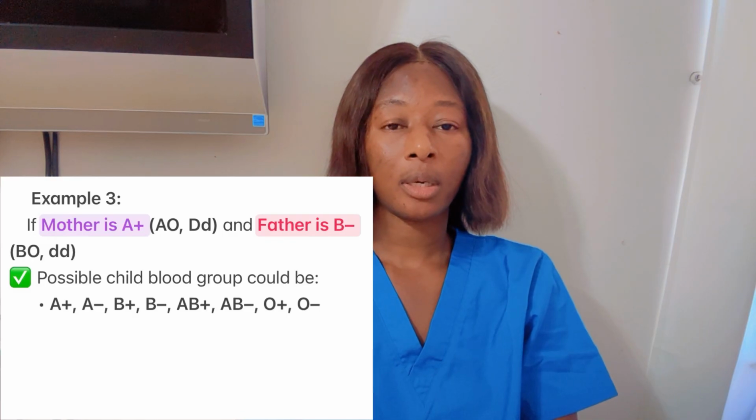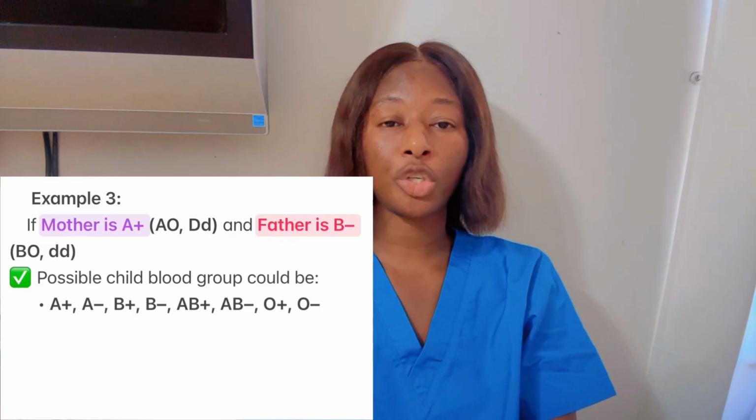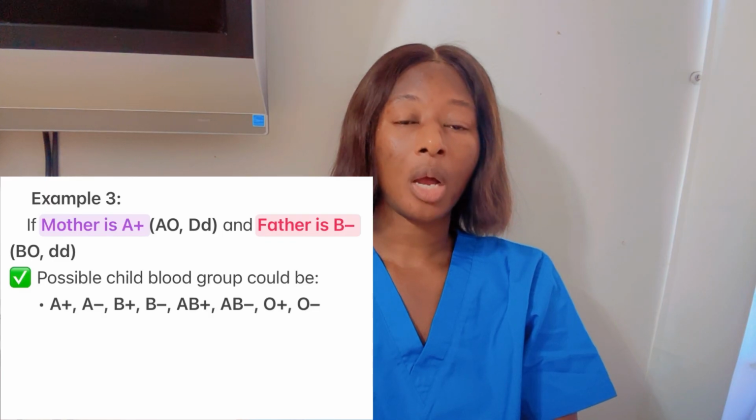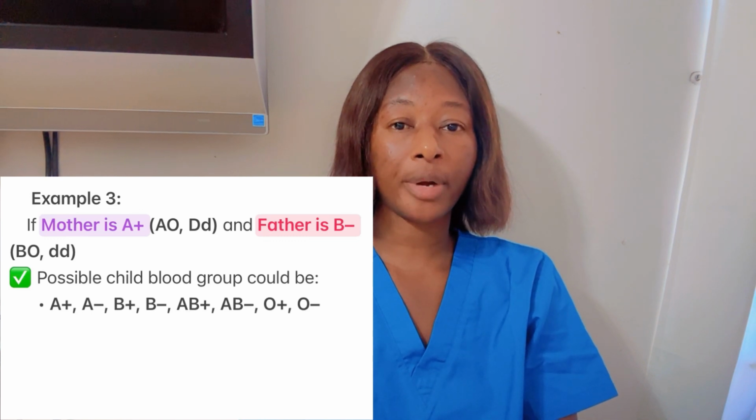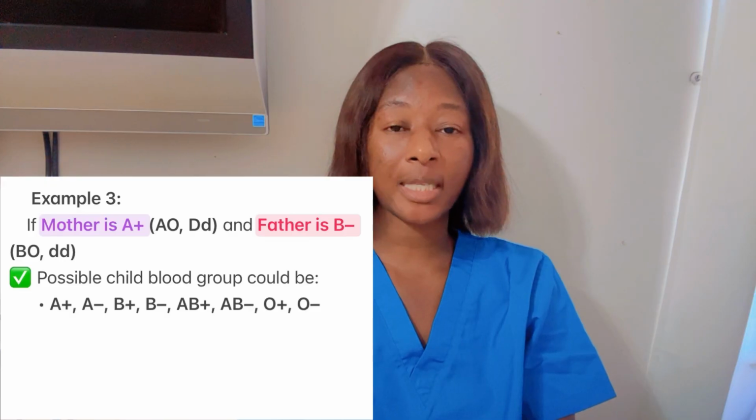And because the father's blood group is B, the genes the father can pass to his children are either gene B or gene O. And according to the Rh factor, because there is both positive blood and negative blood from both parents, the children from this family can be positive or negative.